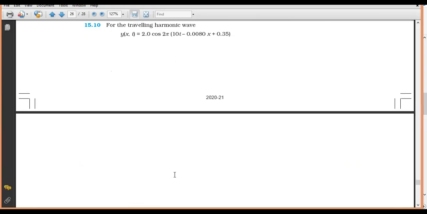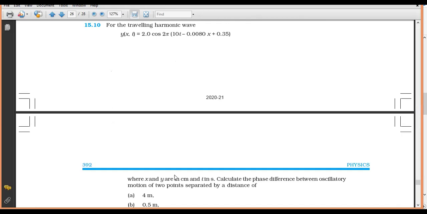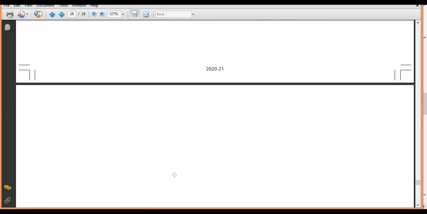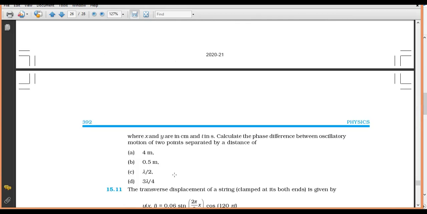The traveling harmonic wave is equal to this: 2 cos, and x and y are in centimeters.